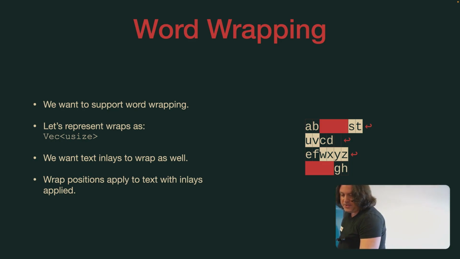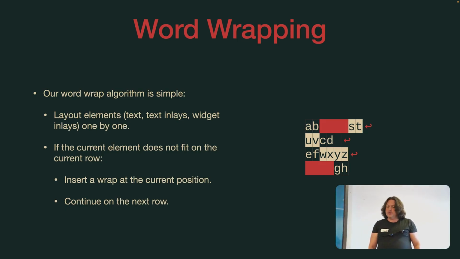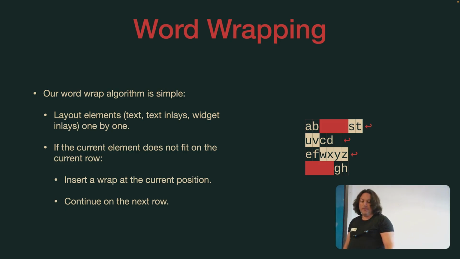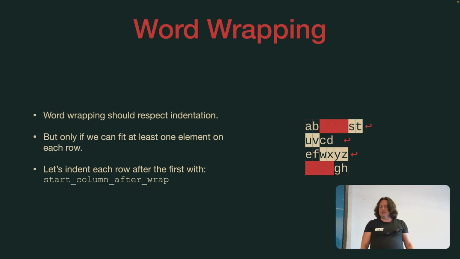That's the idea. So our word wrap algorithm is very simple. We just simply try to lay out all the elements in a line one by one. If the current element does not fit on the current row, then I insert a wrap at that position and continue on the next row. So it's really straightforward. Word wrapping should respect indentation. This is something VS Code also does, and it looks much nicer.